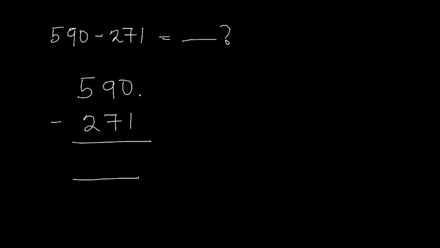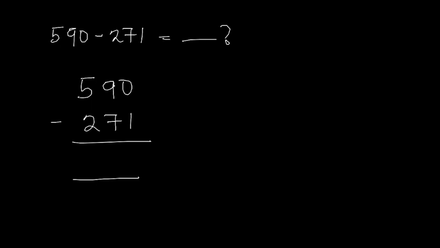Okay, so over here I have under the ones column 0 minus 1. It is not possible to subtract 1 out of nothing, because 0 here is nothing. I have no oranges at all that I'm supposed to give an orange out, so I have to go and borrow. So I come here to the tens column to borrow. The nearest number to the ones is the tens column.